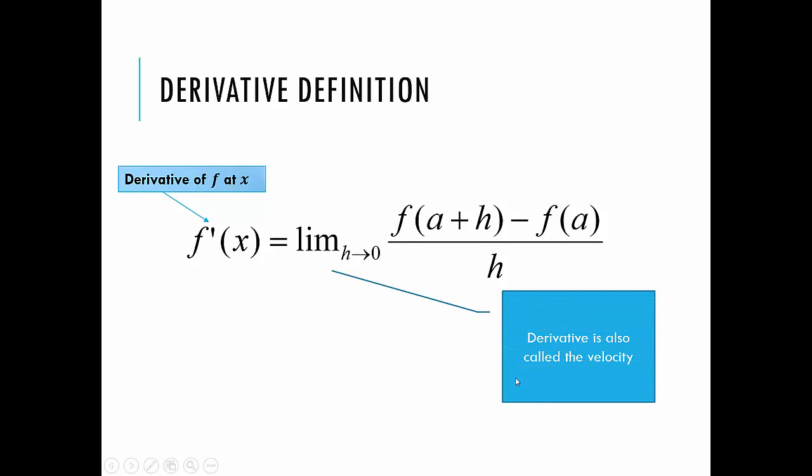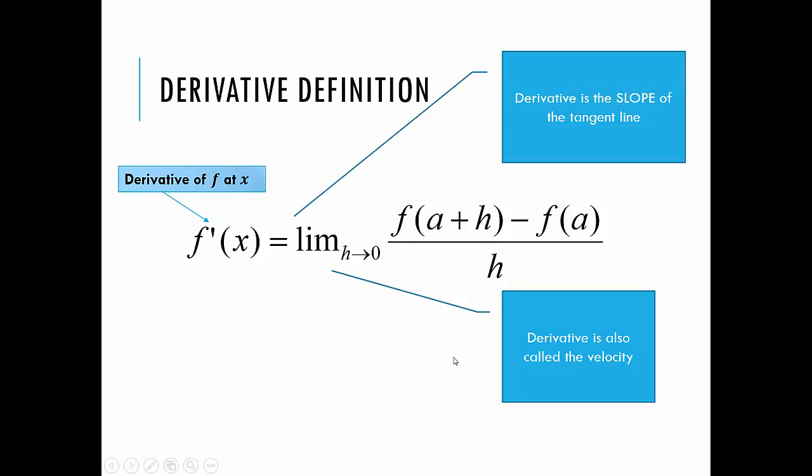And we also call the derivative velocity, but it's the slope of the tangent line. And that's the important part, that you understand that you're finding the slope if your limit exists. So to find a derivative, you're finding the slope of the tangent line at a particular value of x.